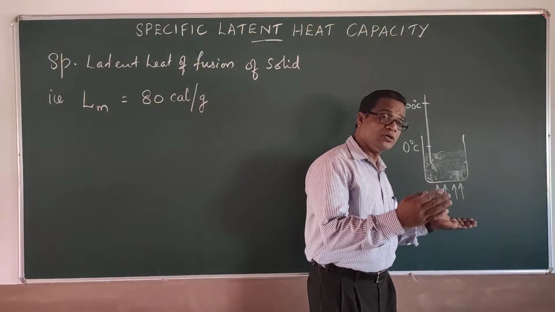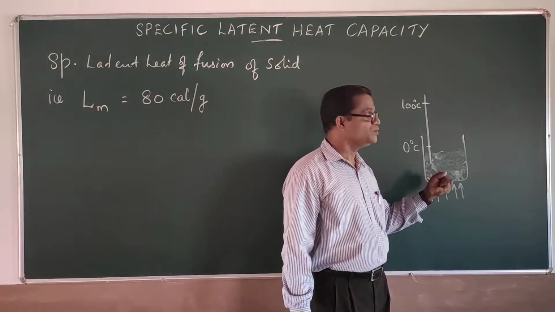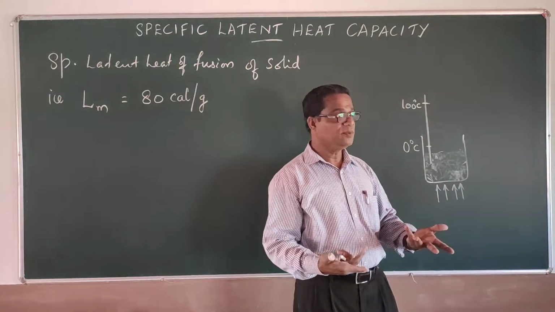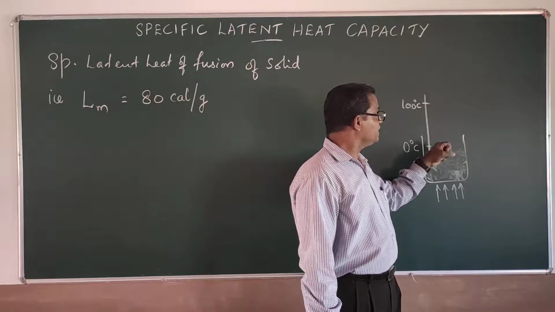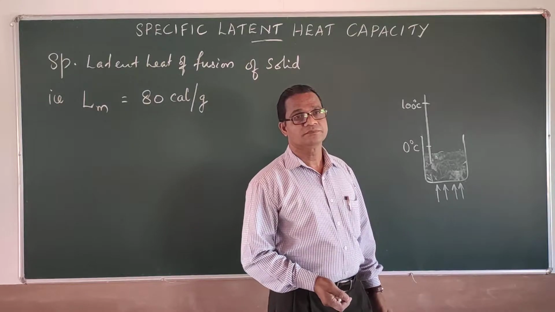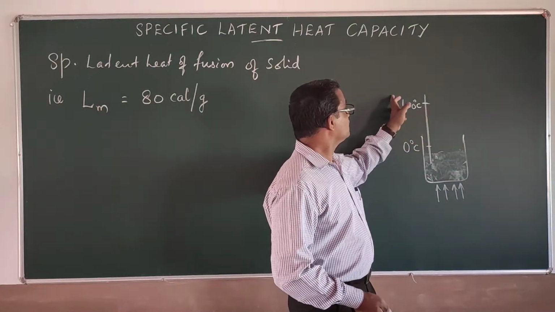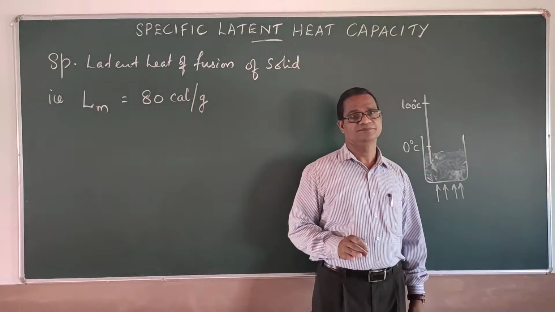If you go on heating further, the amount of water in the beaker goes on decreasing. That means water is gradually getting converted into water vapor and goes off. Until the whole water converts into water vapor, the thermometer reading remains 100 degrees Celsius itself.